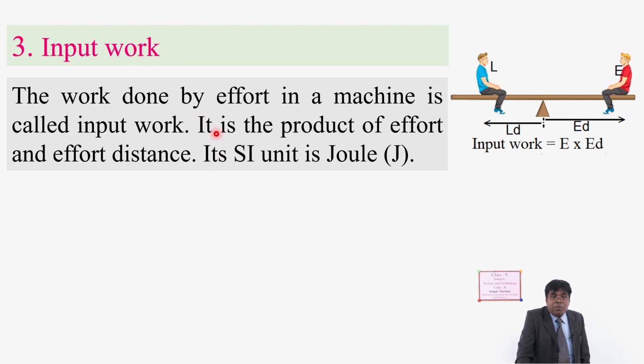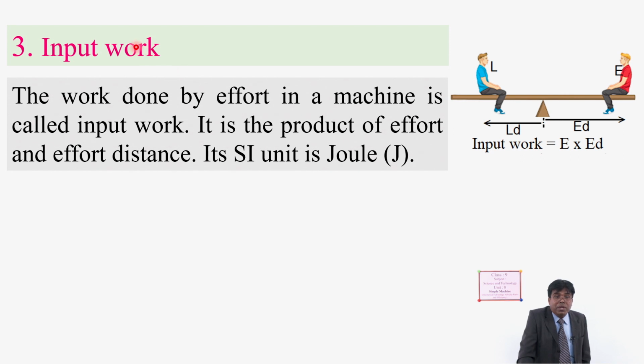We can see here it is the product of effort and effort distance. Effort is force. So force into distance, and we have learned work is the product of force and distance. That's why input work is the product of effort and effort distance.